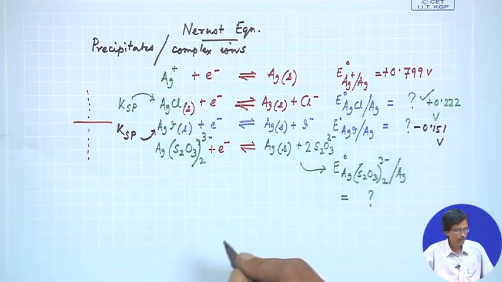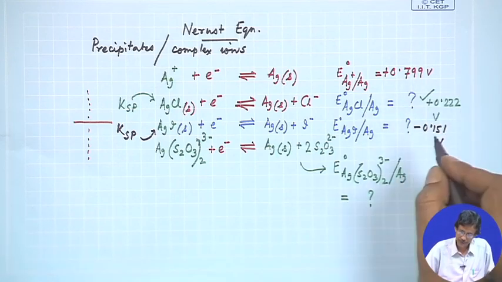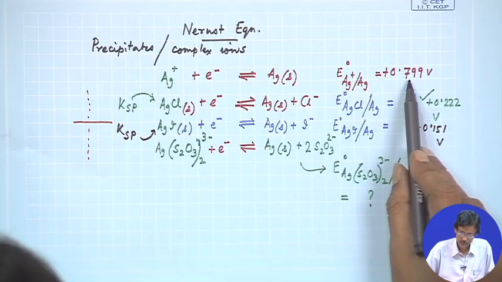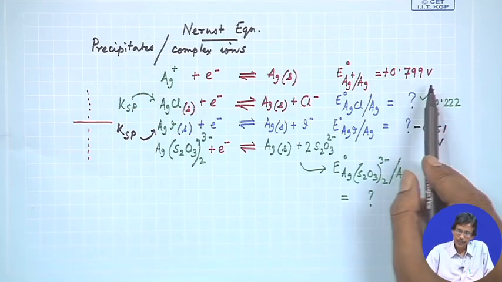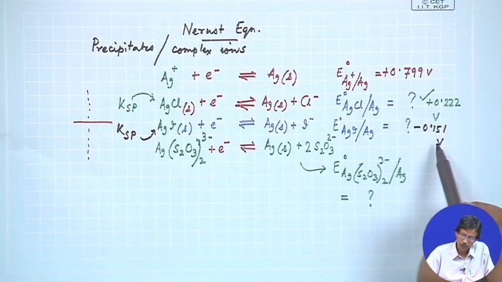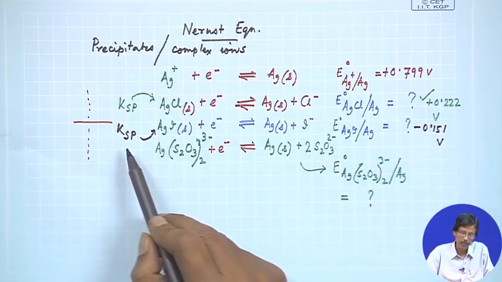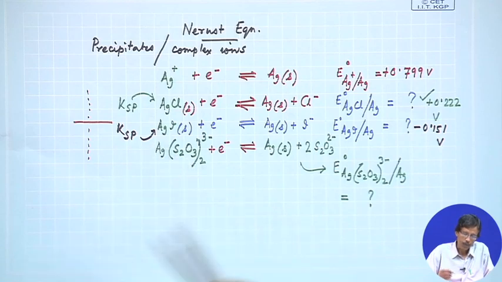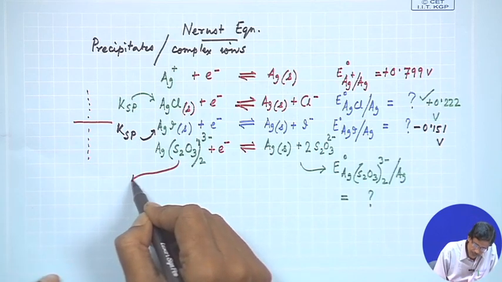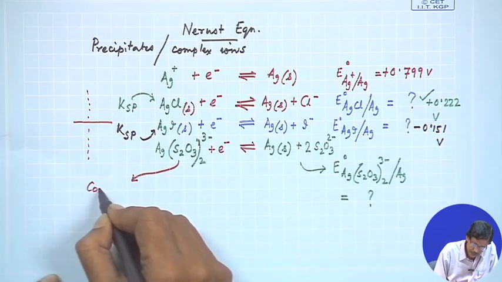You see the variation: the value was pretty high, close to 0.8 volt, and then we go down for silver iodide and its solubility product. Then what about this? This will be the typical complex ion formation. So, what is this? This is your complexing agent.